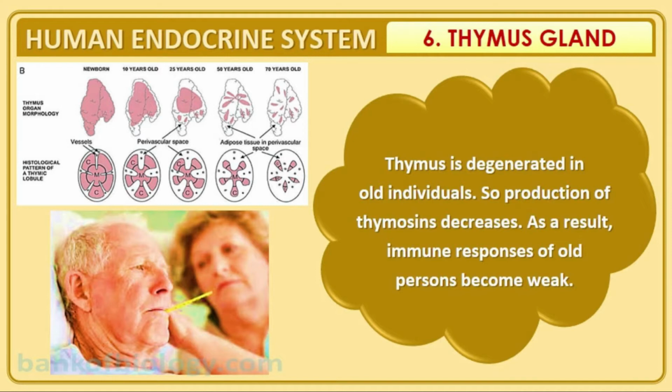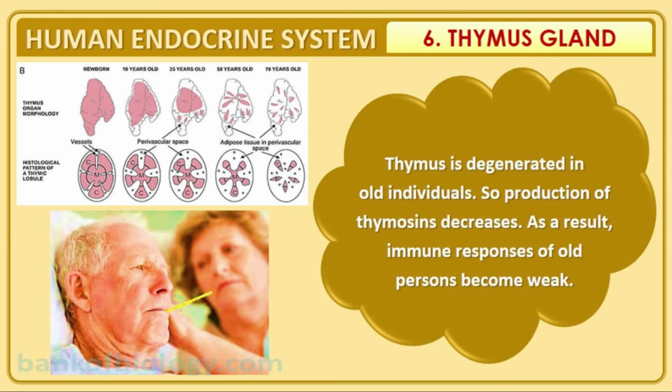Did you understand? It is very large in infants, but it is degenerated in old individuals, adults. So production of thymosin decreases. In which period do we need more immunity? During childhood. Is it clear?